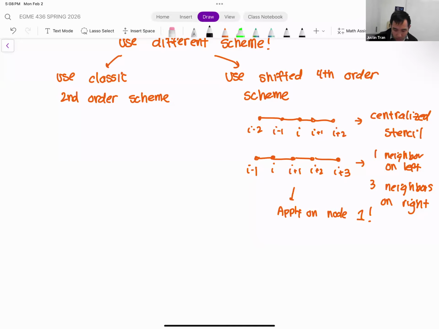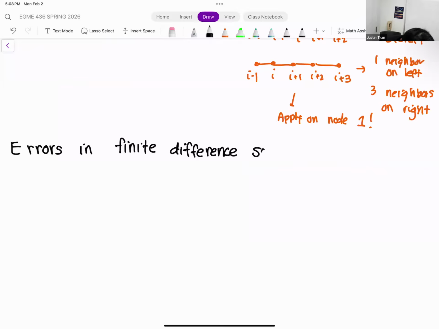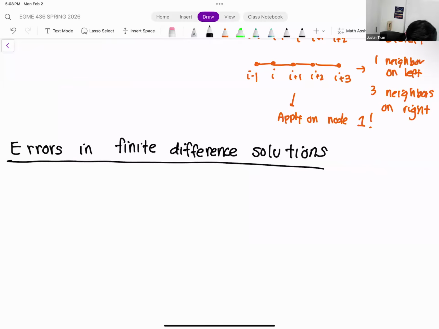Okay, so the last thing I want to talk about before we head out for today is a little bit on errors. Recall, when you make a finite difference approximation, it's at the end of the day just an approximation.